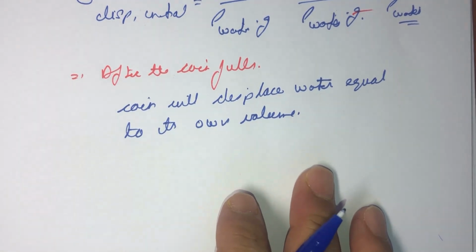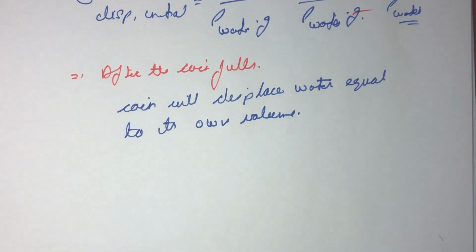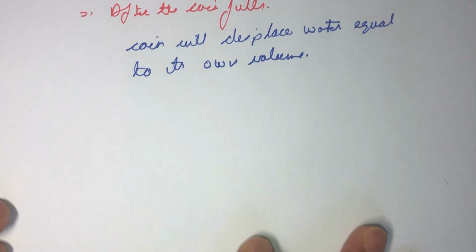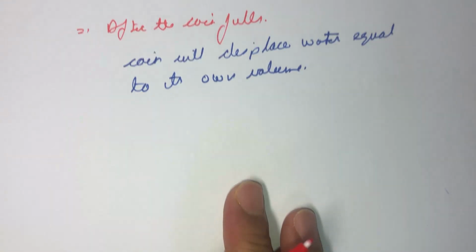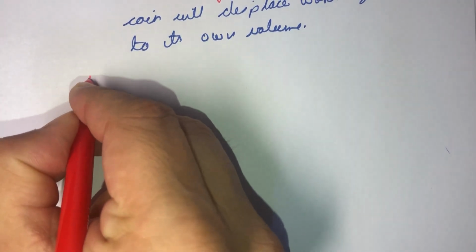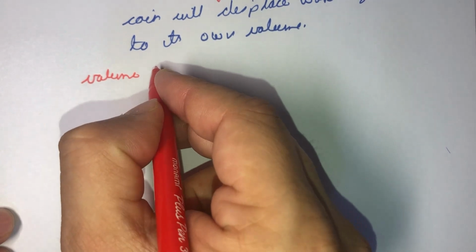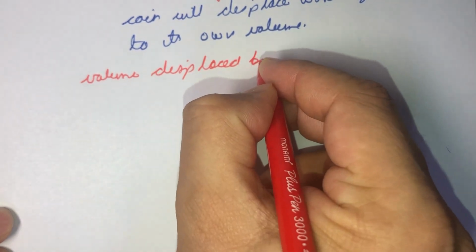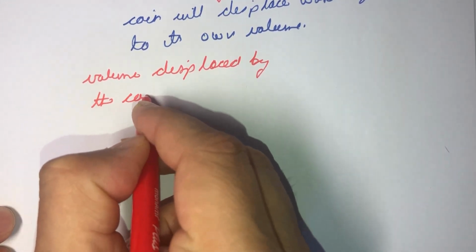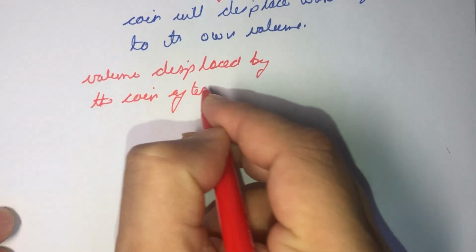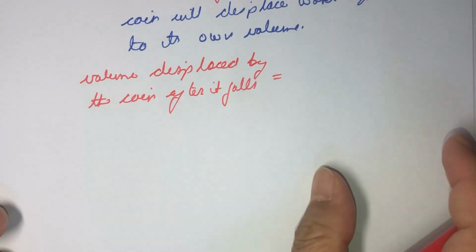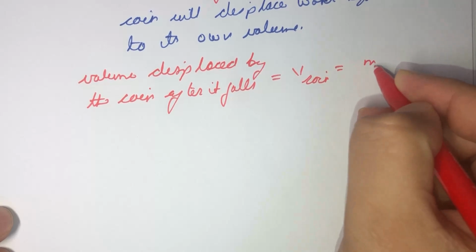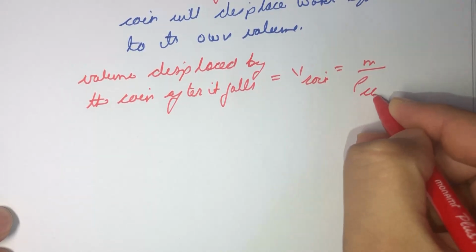Therefore, we can say that the volume of water displaced by the coin after it falls will be equal to, let's suppose that is given as V coin, and V coin will be equal to mass over density of the coin.